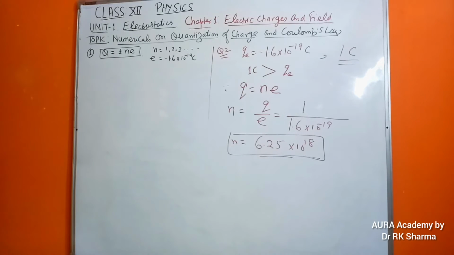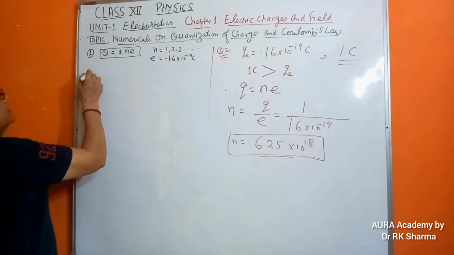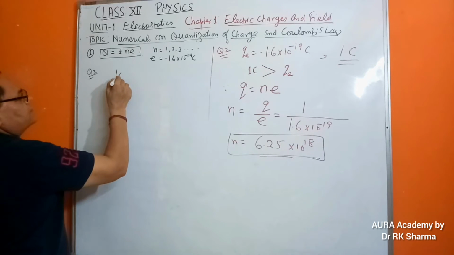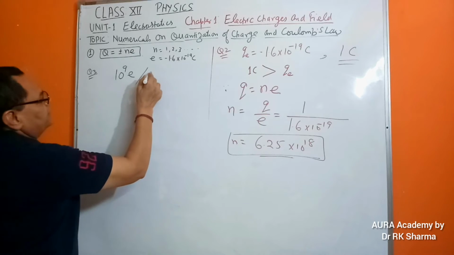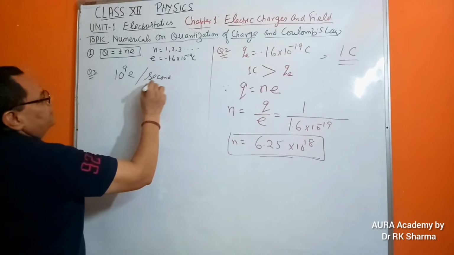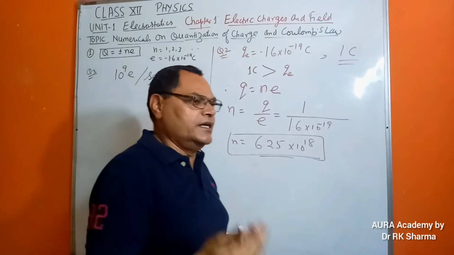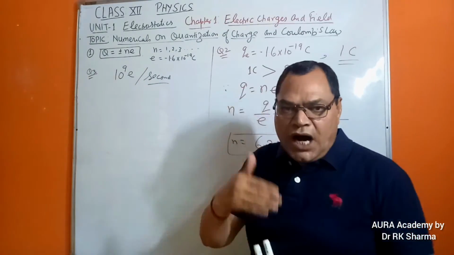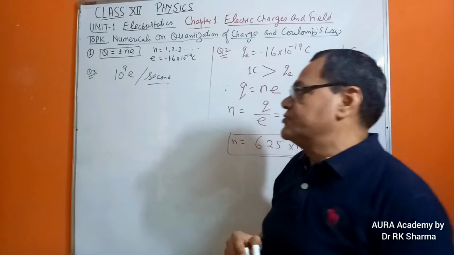Now the question says there is some charged body. Let us take this as question number 3. A charged body is releasing 10 raised to the power 9 electrons per second. So there is a body giving out 10 to the power 9 electrons every second. How much time will the body take to give out 1 coulomb of charge?